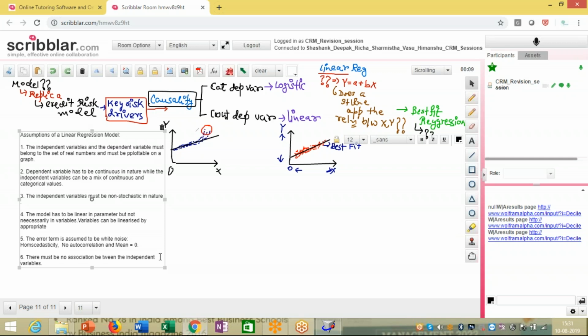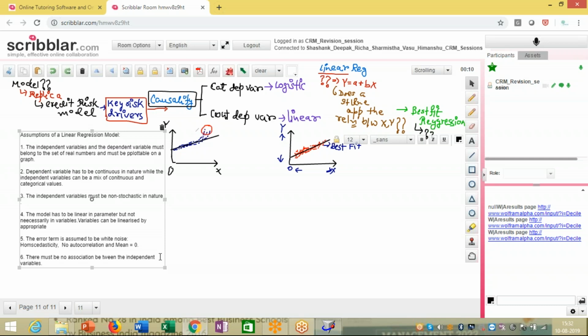Right? So xi has to be non-stochastic, because when I'm trying to predict the yi, I have the yi hat of the estimated value plus the error term ui, right? So that yi has a distribution attached to it, ui has a distribution attached to it.